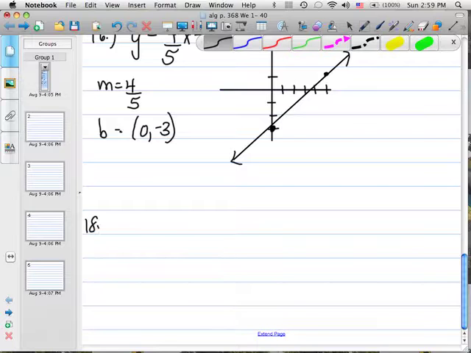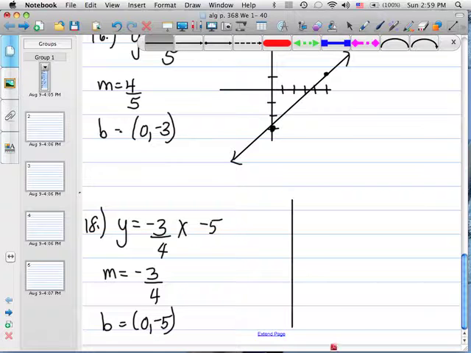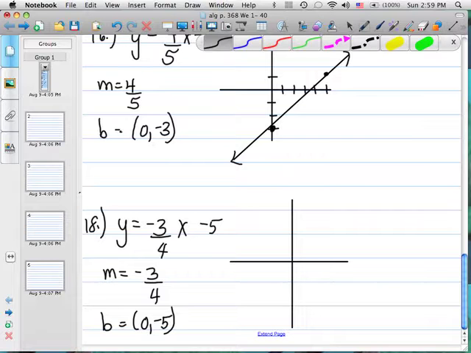Number 18, y equals -3/4 x minus 5. Slope is -3/4, down 3, right 4. And the y-intercept is 0, -5. So making our coordinate plane, plot 0, -5.